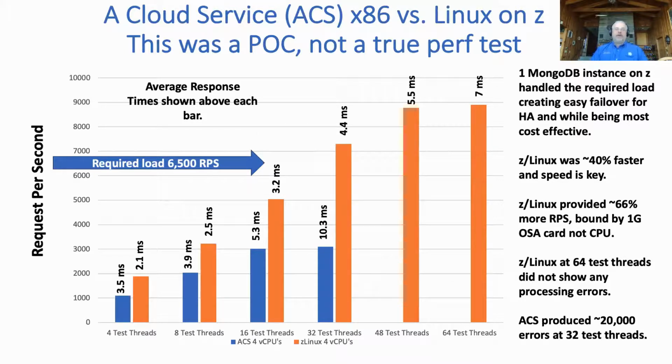Now, the other key point to this chart is that when we got to a certain threshold, 64 test threads, the mainframe didn't lose any data. We actually processed 100% of the information. It was just that the amount of time it took to process it wasn't acceptable to us. We knew where that cutoff point was, but that cutoff point was well above the boundaries that we needed.